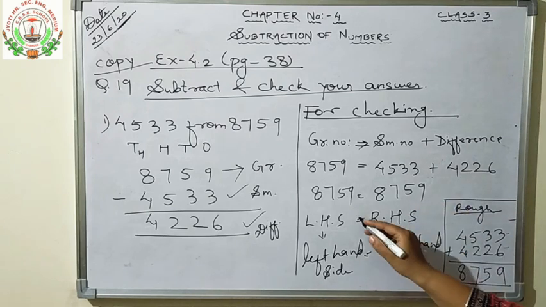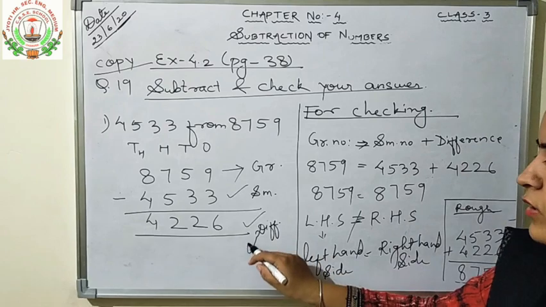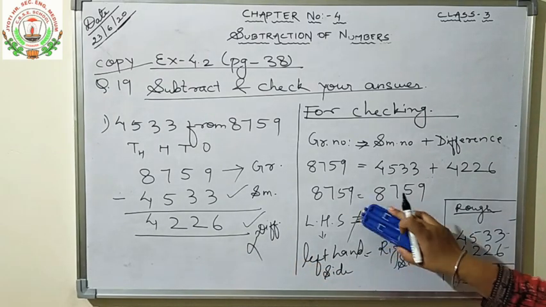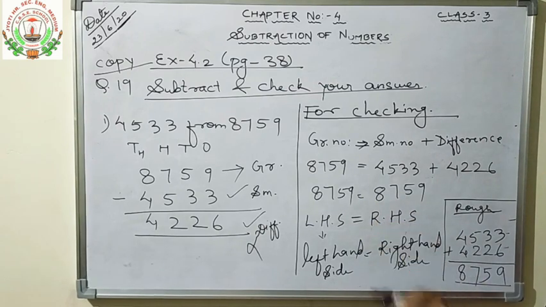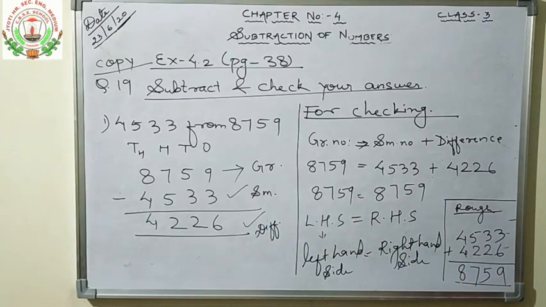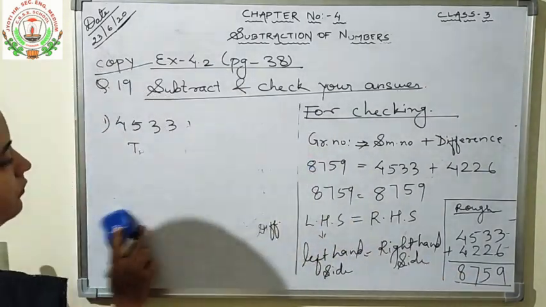When LHS is not equal to RHS, means your difference is wrong. Only when your LHS is equal to RHS, then your difference will be correct. Okay, let's solve one more question. Question number 2.